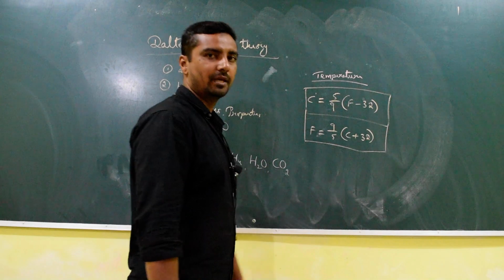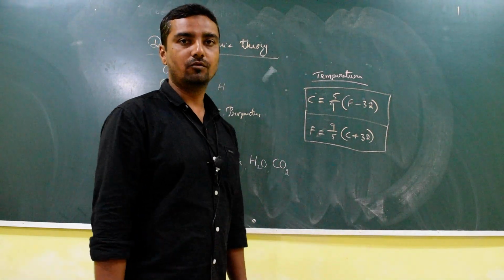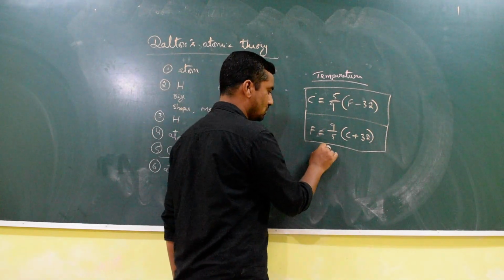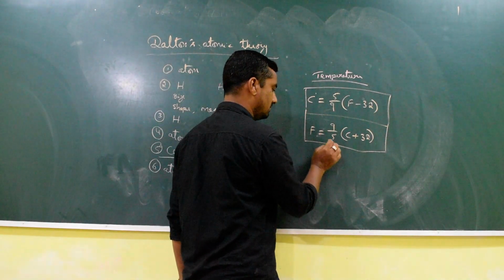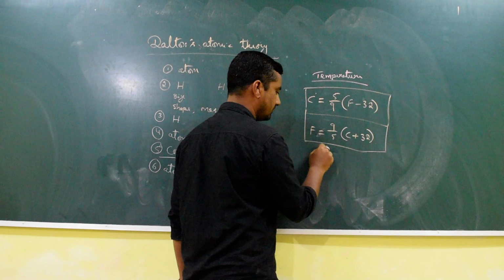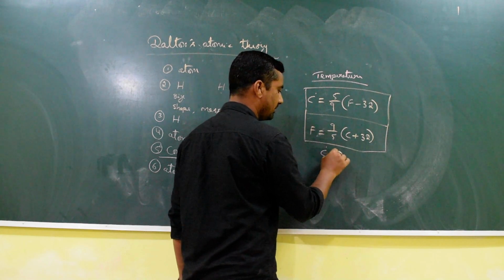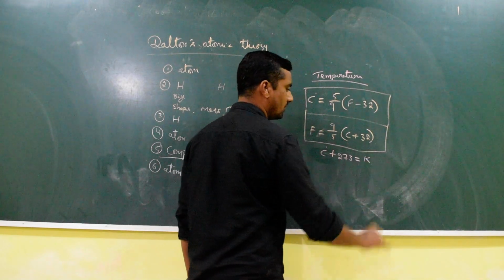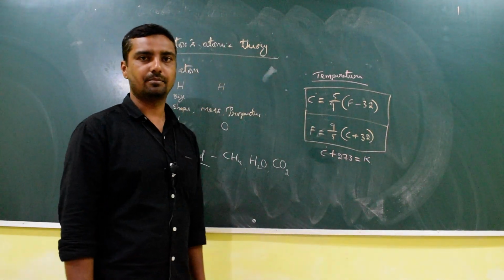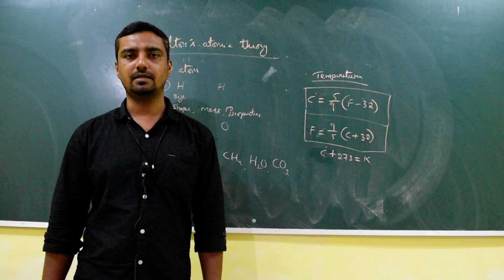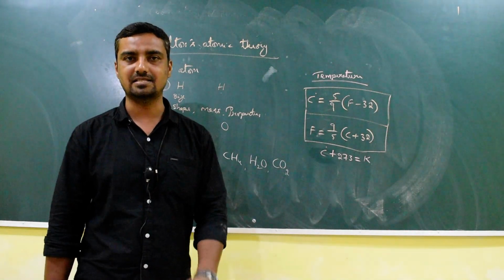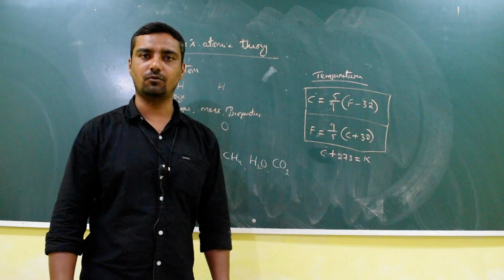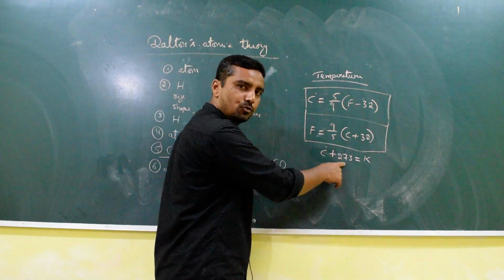Understood? And also the main important thing is how to convert degree Celsius into Kelvin, right? Temperature in Kelvin equals degree Celsius plus 273, right? If we add this, it will be converted into Kelvin. For example, say you have 27 degree Celsius, and you have to convert it into Kelvin, just by the addition of 273.